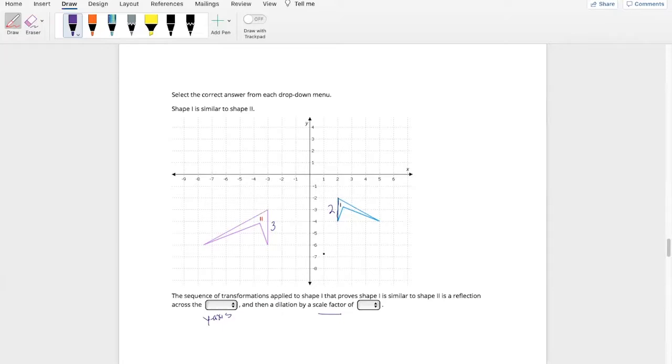I can also figure that out by working backwards. 3 divided by 2 gives me 1.5. So if I take 2 and multiply it by 1.5, that's going to get me to the sides here. So the scale factor would be 1.5.